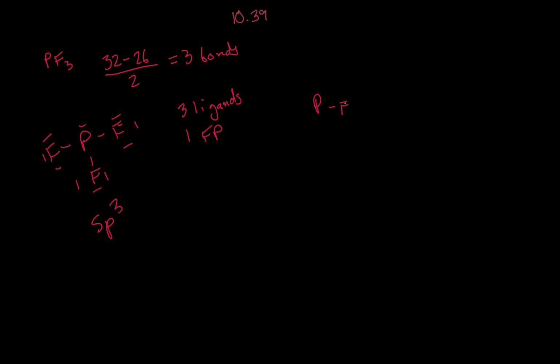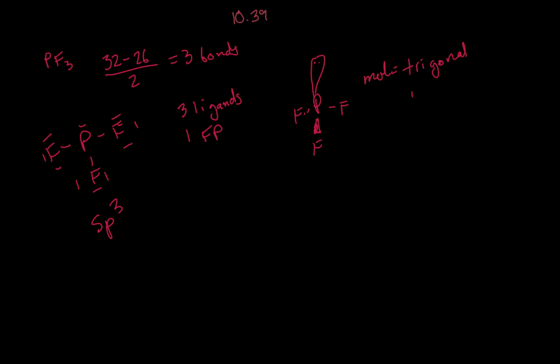We're going to have 1 fluorine there. Yeah, my writing's bad enough, let alone my drawing, but that kind of gets the idea there. All right, and then there's going to be this free pair up top. That does not count for the molecular geometry, so the molecular is going to be trigonal planar.